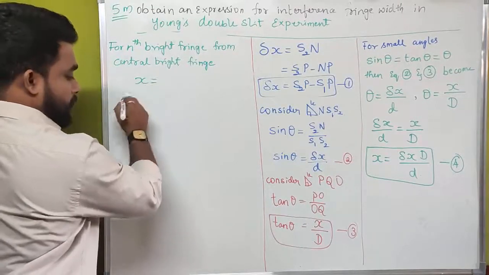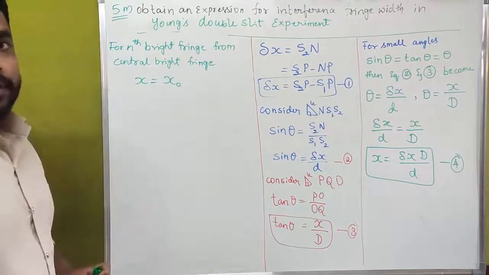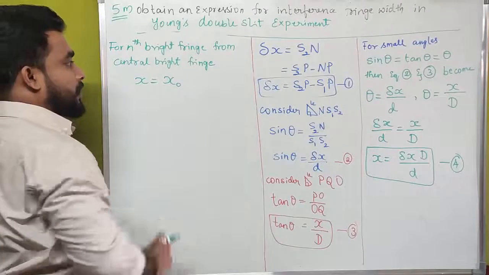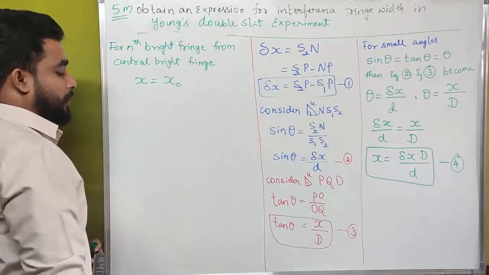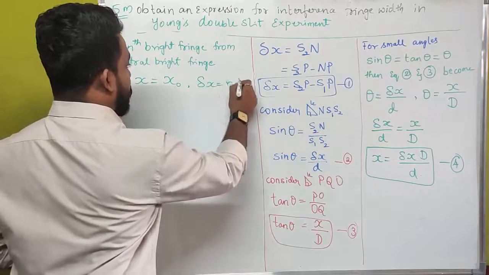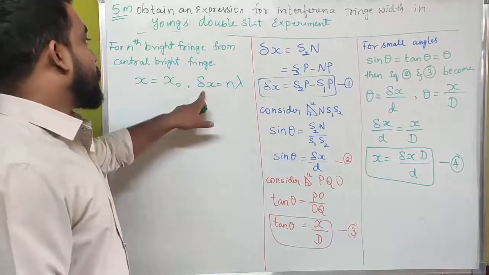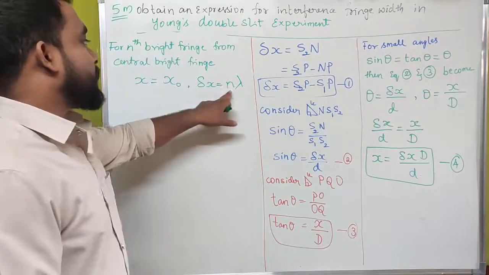X is equal to x naught for the central bright fringe. This is the central bright fringe, and the path difference will be delta x is equal to n lambda. The path difference for the nth bright fringe is equal to n lambda.